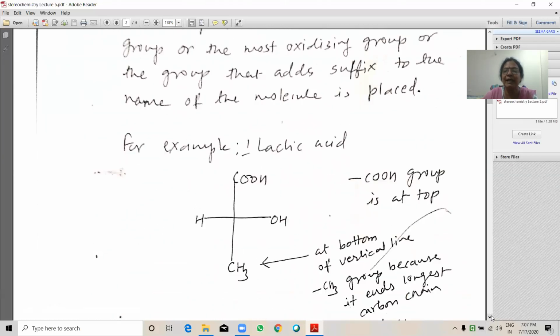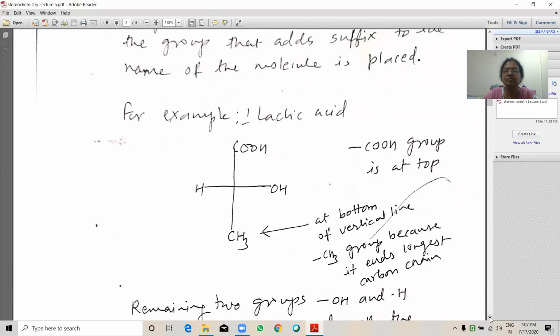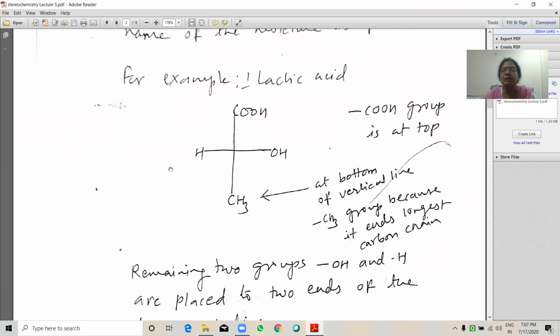For example, lactic acid. In lactic acid, this is the vertical line. On this vertical line, the topmost group, the carboxylic group, is at the top, whereas the bottom group is the methyl group because it ends the longest carbon chain. The remaining two groups, hydroxy and H, are placed at the two ends of the horizontal line.